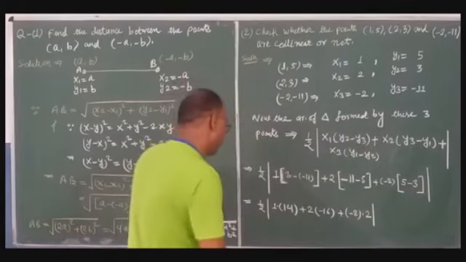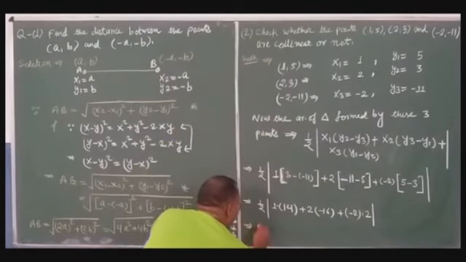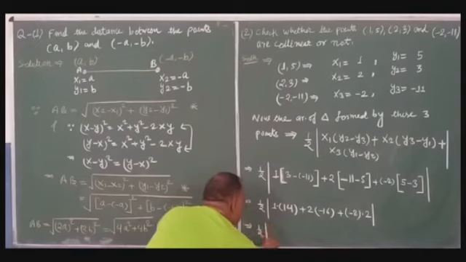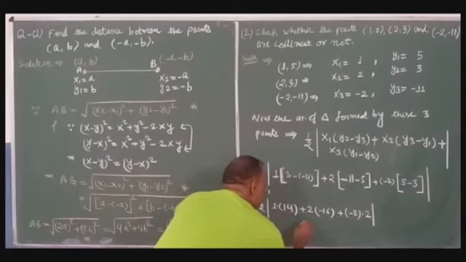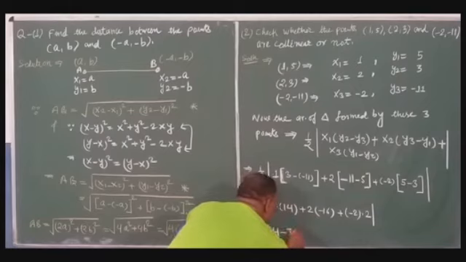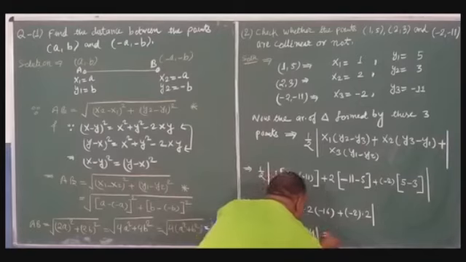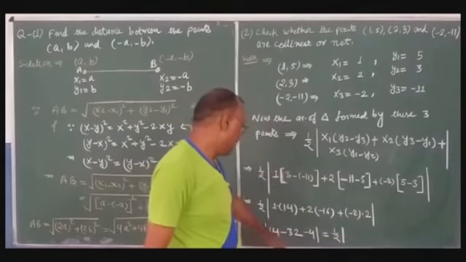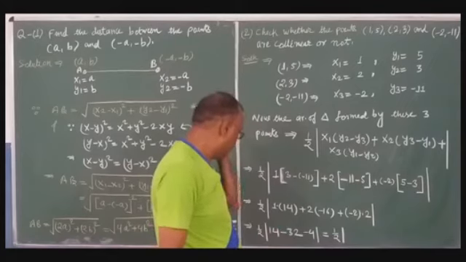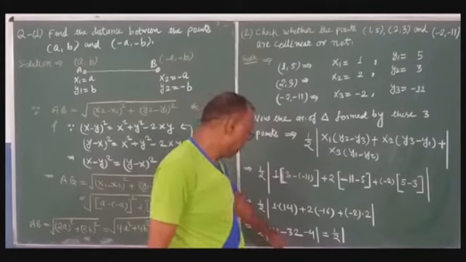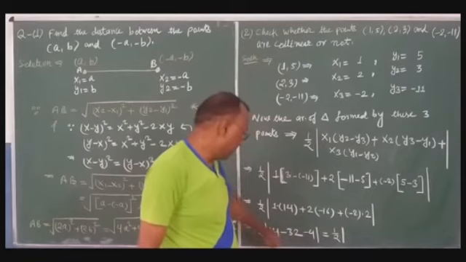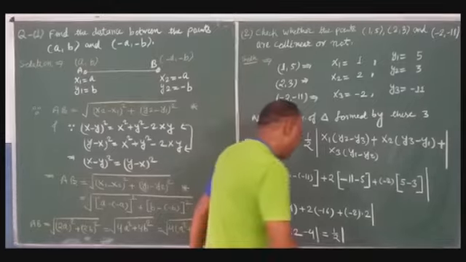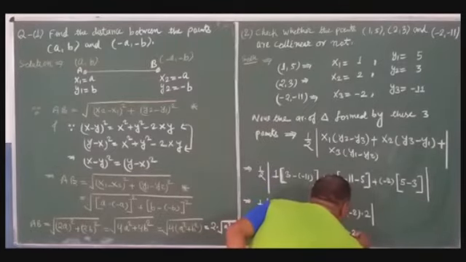Now just look here, what will happen? 1 upon 2, 14, 16 minus 32 and minus 4. So what is this? 1 upon 2, 14 minus 32 minus 4, that is minus 22.